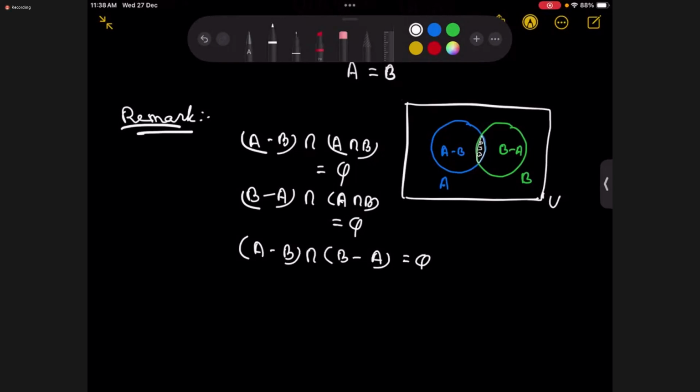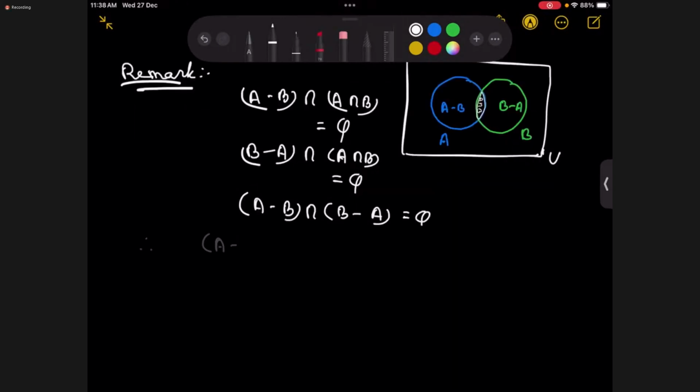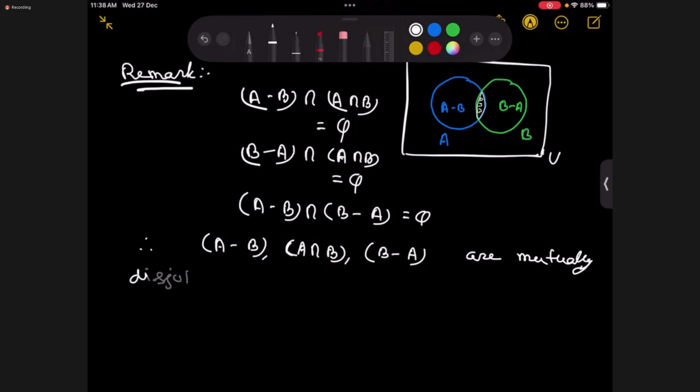That is, A minus B, A intersection B, and B minus A are mutually disjoint sets.